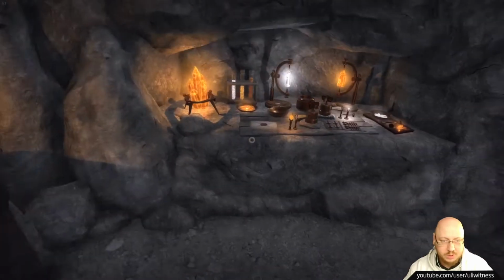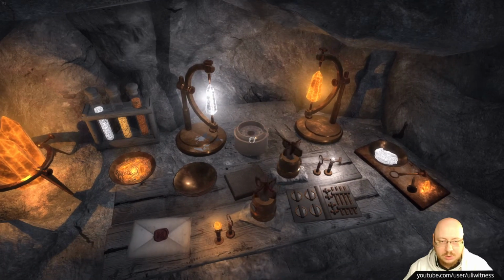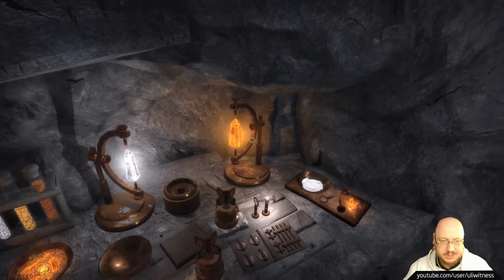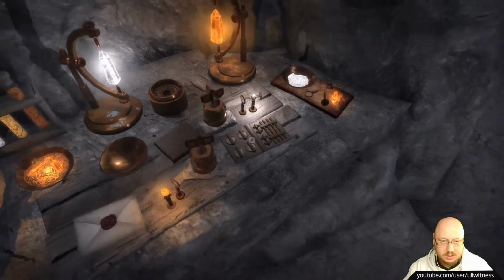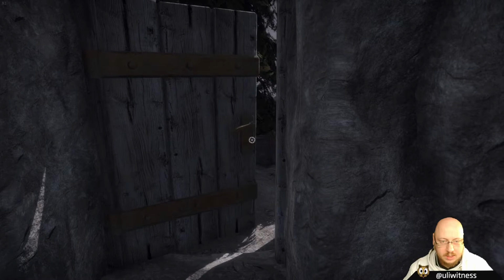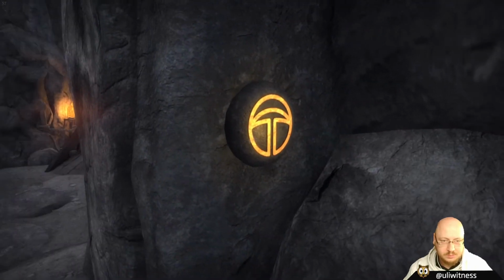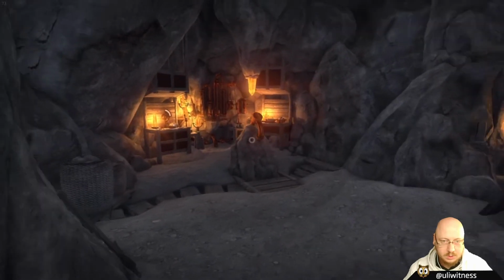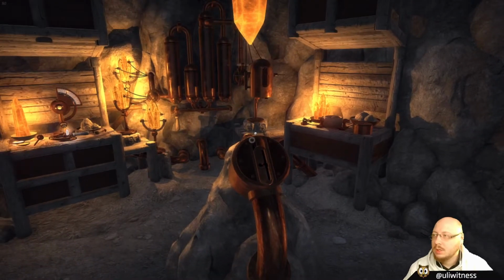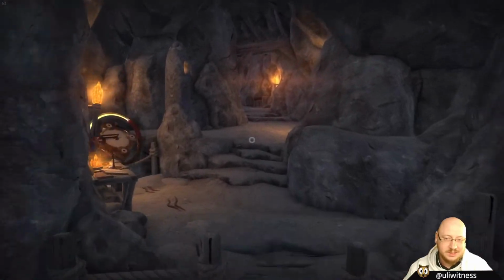Surprised that that worked. Oh, and here is now a part of one of those batteries, I guess. And that's the door we weren't able to open all the time. I'm surprised I managed to do that.